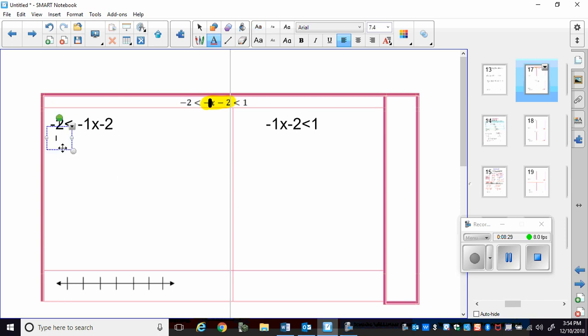So we're going to add 2 to both sides. So add 2 plus 2 to both sides of that equal side. Okay. And I get 0 coming down is less than negative 1x. And then this part goes away. That part goes away. This goes away.